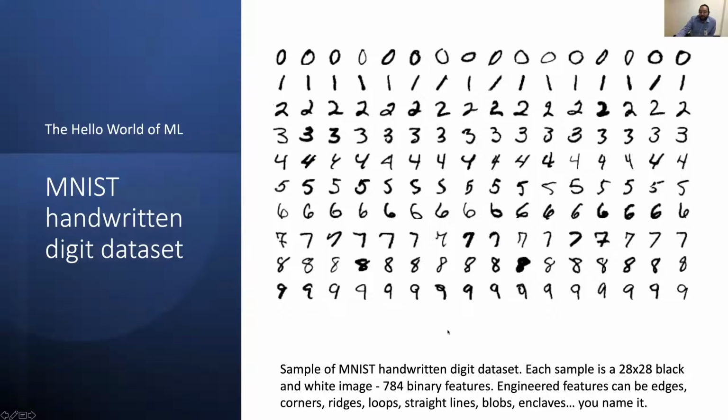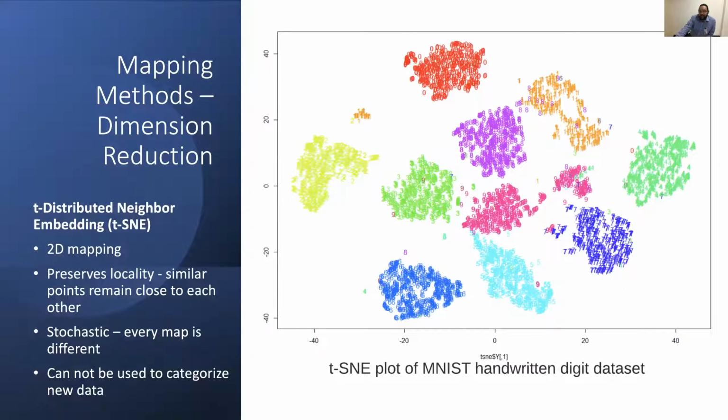Remember that I said it's a 28 by 28 pixel image. There's 784 features. Well, what t-SNE is going to do is take all of those 700 plus features and squash them down to two features. It's not a projection, but it's going to map all those features onto this plane. And it's going to do it in a very clever way that, as they say, preserves locality.